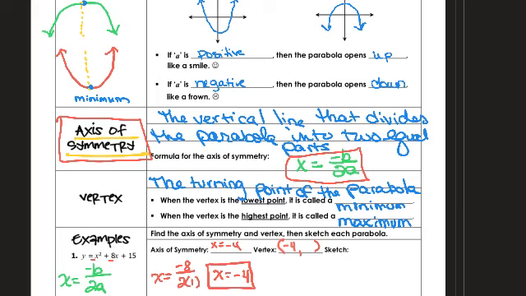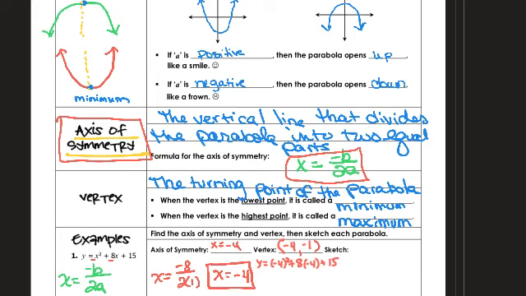Can't I put the value in for x and find out what y is equal to? Sure. So I'm going to write x squared, which is negative 4 squared, plus 8 times x, which is negative 4, plus 15. And I got negative 1. So when x is negative 4, y is negative 1 on the parabola.